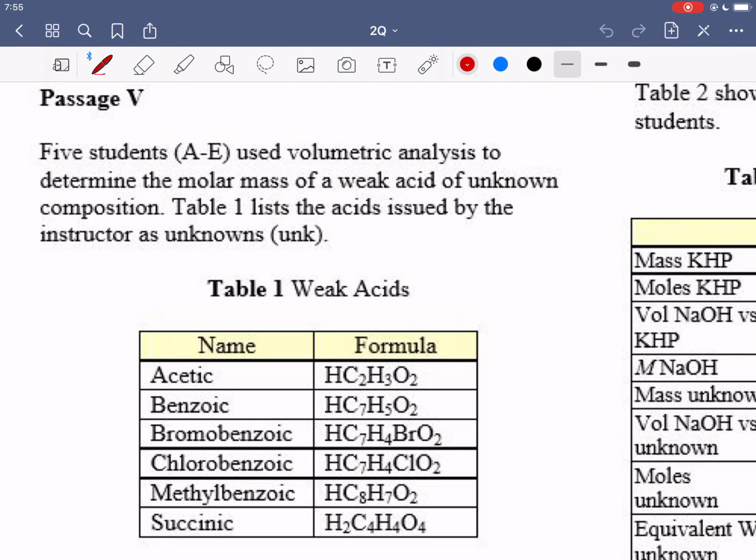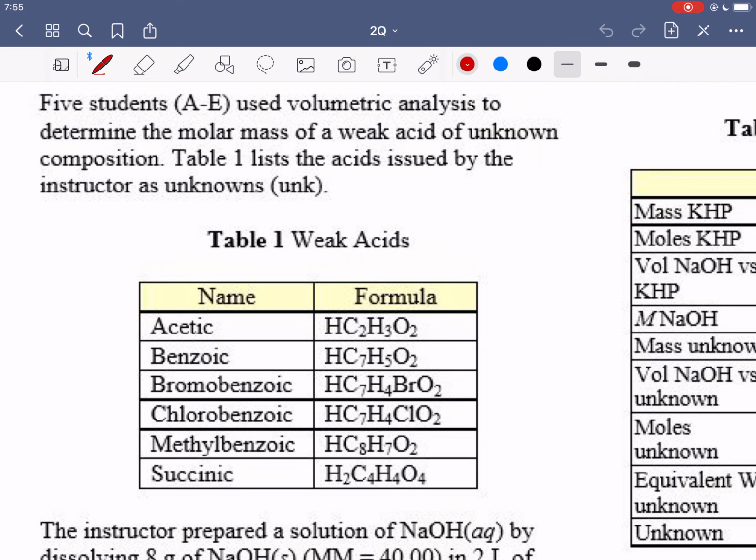So in this case, this is a very typical undergrad chemistry lab experiment. You have an unknown acid, but you do know that it's a weak acid, okay? It's not a strong acid, and you're using volumetric analysis. So essentially what you're doing is a titration.